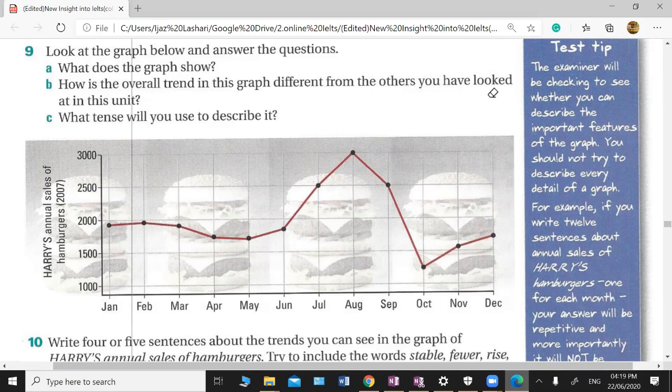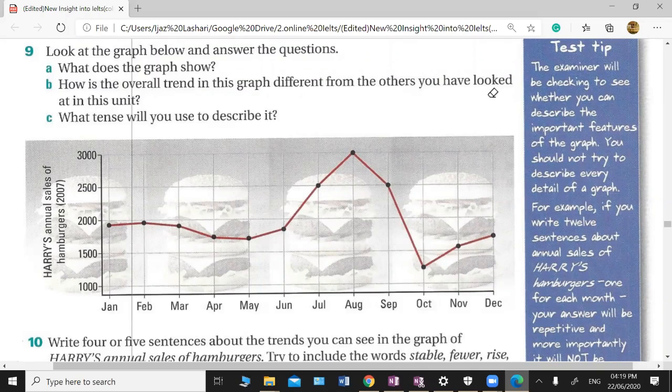Yeah, I mean, if you are good at maths, you can even tell what Harry's average sale for the year was. How many burgers did he sell every month? Because in one month he sells 2,000, but in another month he sold maybe 1,200.